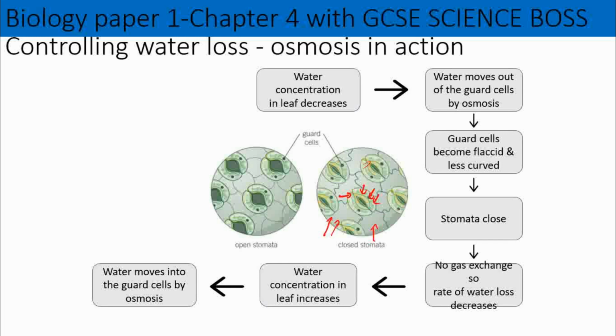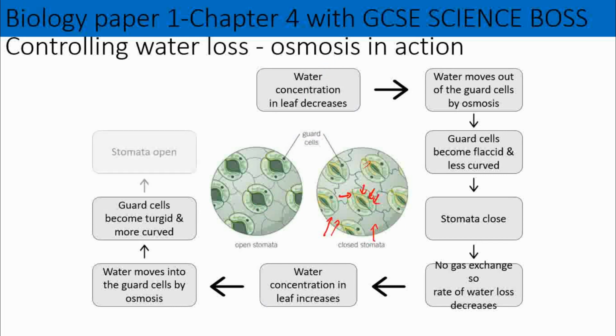They become bigger, and when they become turgid and more curved, the stomata opens. You can see the opening here. When it's open, gas exchange takes place, and when that happens, the water level is going to decrease because water is moving out, and the whole process is going to continue again.